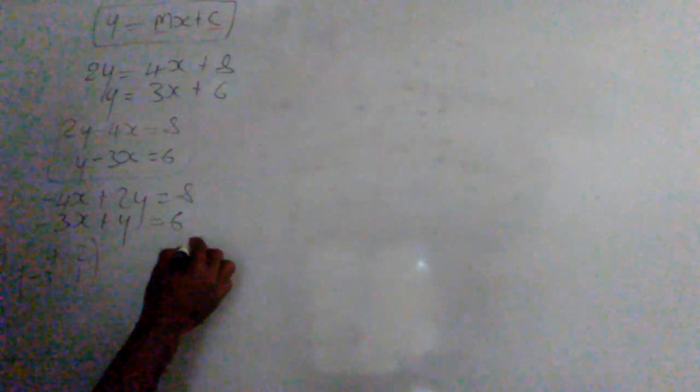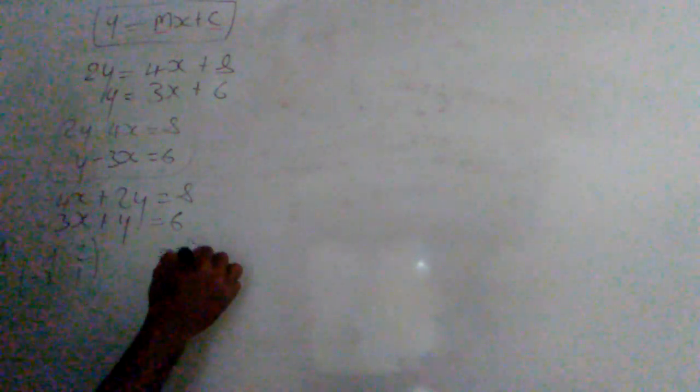And we'll have a solution matrix that we'll call B, and it will be 8, 6. So to find x, y, we'll need to multiply the inverse of A by B.